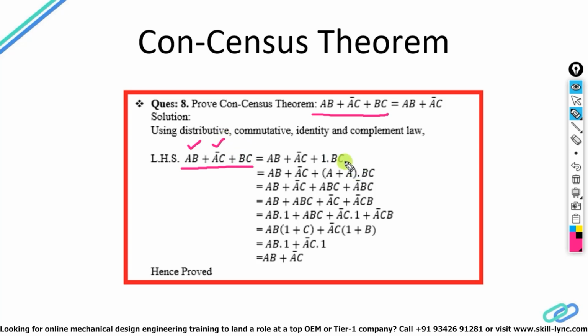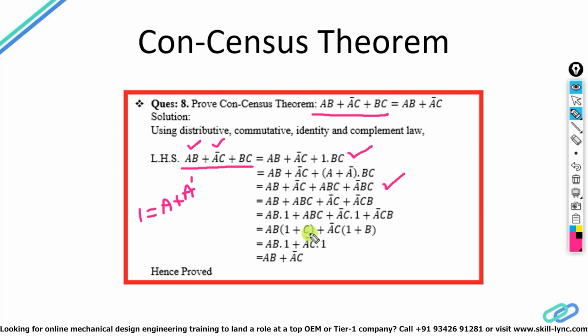So I can simply write it as 1 into BC, because 1 into BC is BC only. Now, because the A term is missing, we are writing 1 as A plus A bar. We have just written 1 as A plus A bar, and now open the brackets: AB plus A bar C plus ABC plus A bar BC.